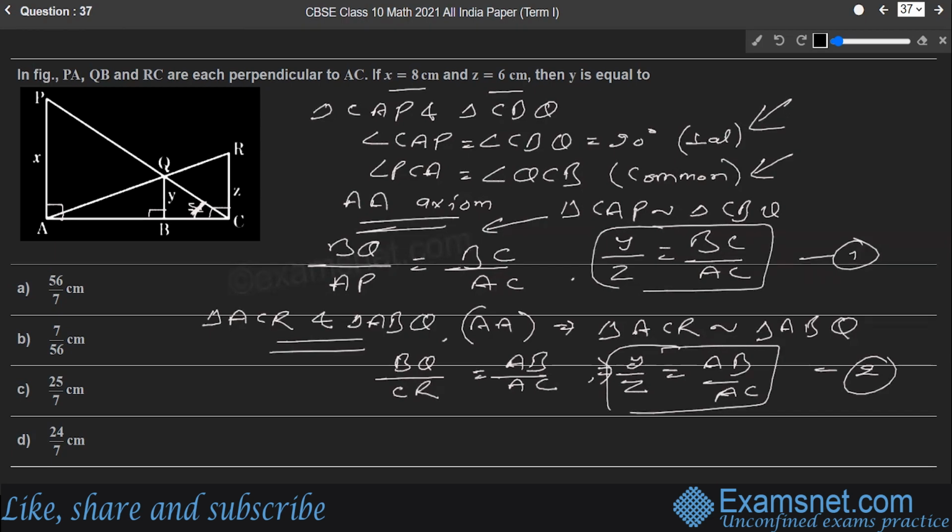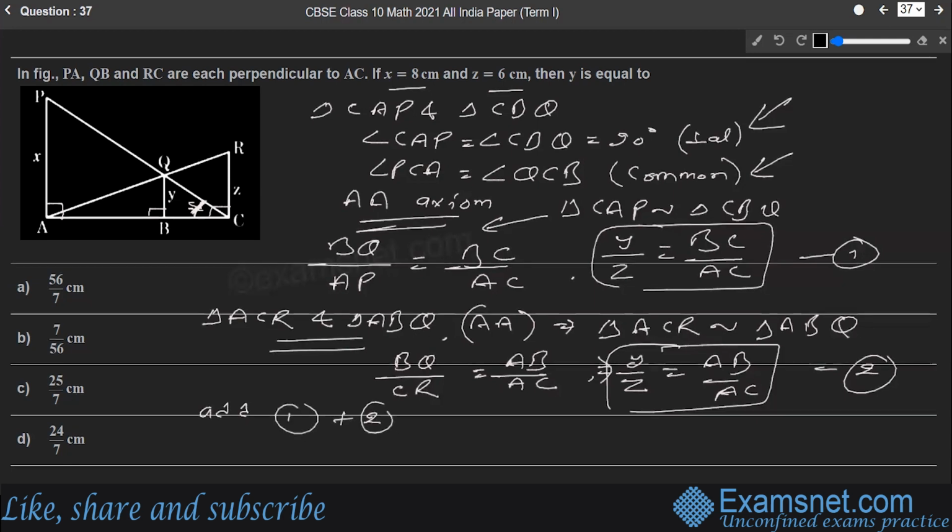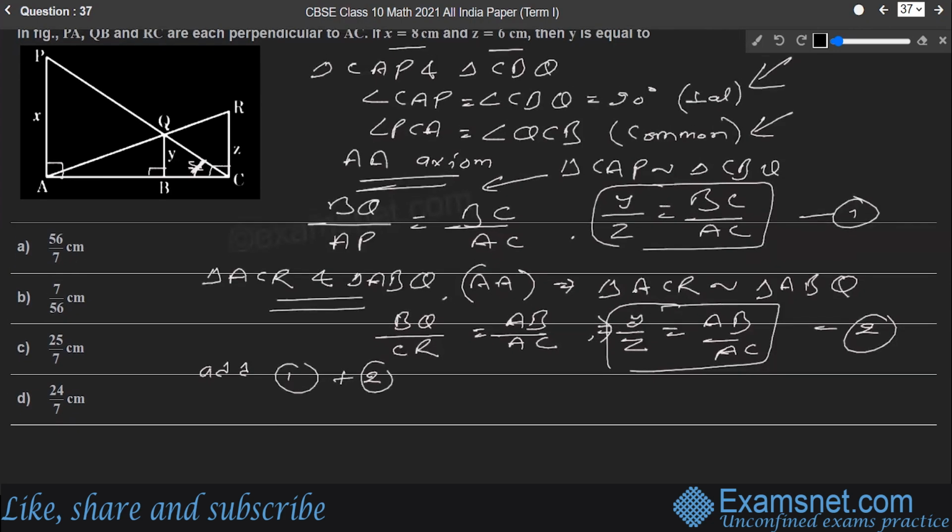Now if we add equation number 1 and 2, what do we get? We get Y by Z plus Y by Z on the left hand side, equal to BC by AC plus AB by AC on the right. AC is common, so it is BC plus AB by AC.